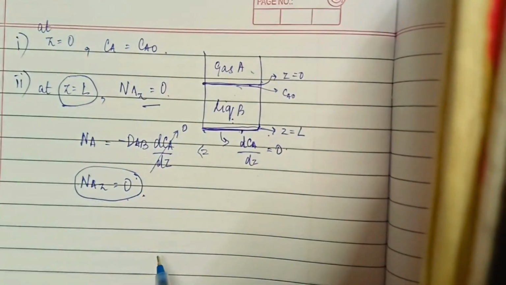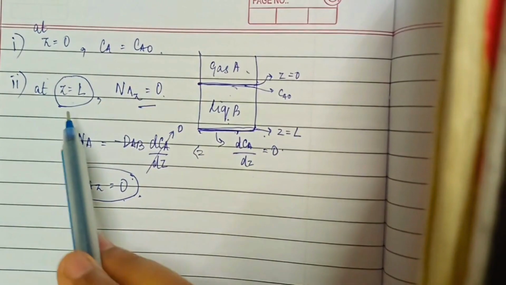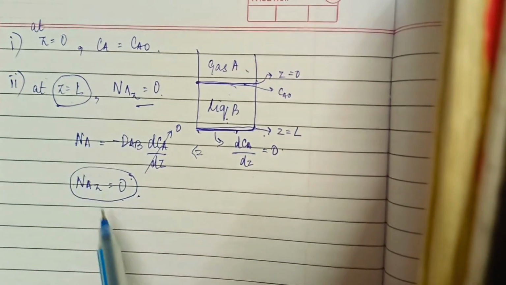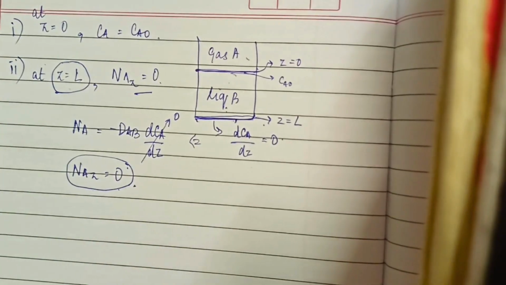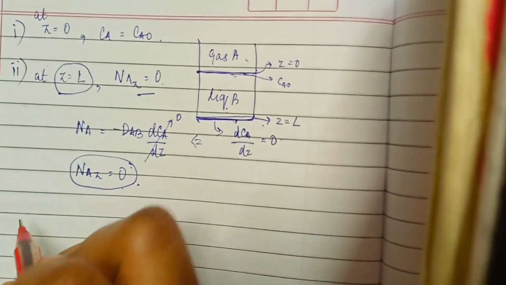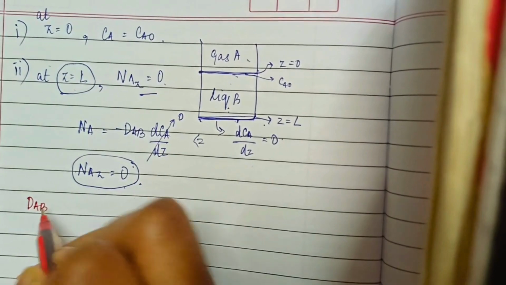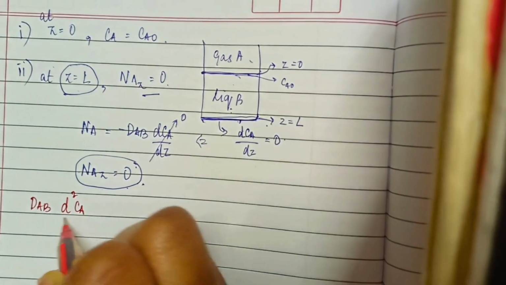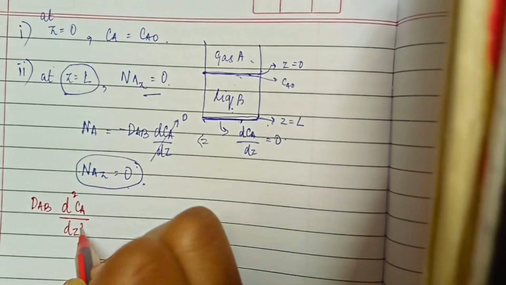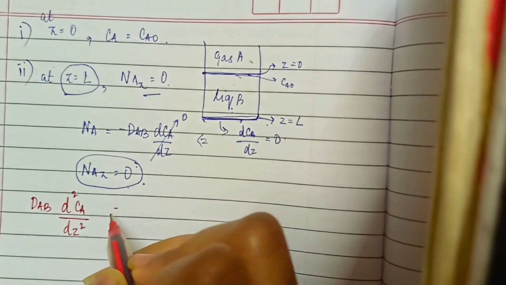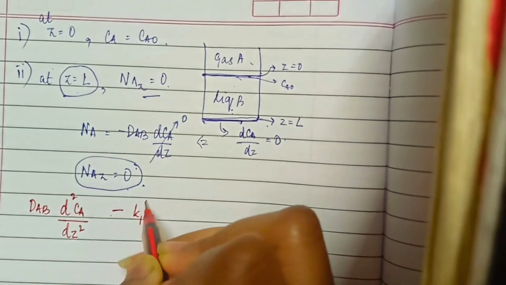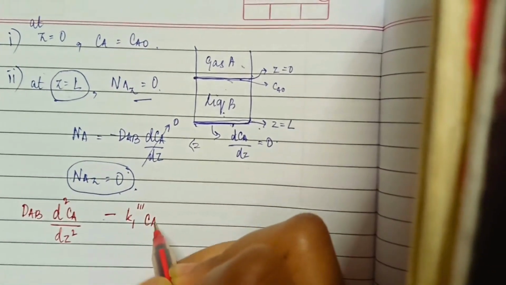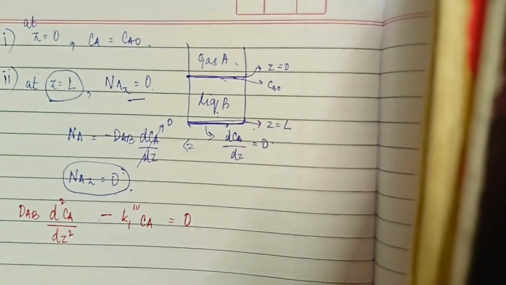So this is how we end up at NAZ is equal to 0 at the boundary condition of Z is equal to L. These are the two boundary conditions which we will use to solve the differential equation that we have received: DAB into d square CA by dZ square minus K1 triple dash CA is equal to 0.